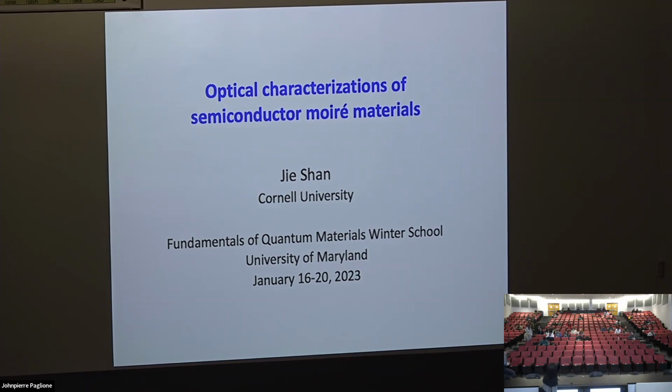Okay. So I got this assignment to talk about gating and the spectroscopy of semiconductor moire materials. I actually don't know what I am exactly supposed to do, so I put something together without knowing the audience.